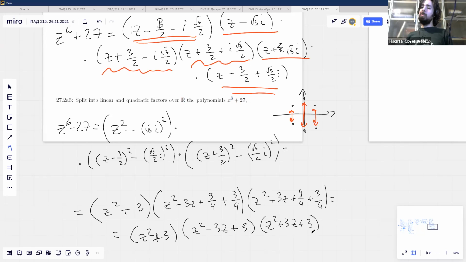Well, you can obtain them if you guess good enough, but guessing is not a real method. So this way, I split a polynomial into quadratic factors over R. Any questions?